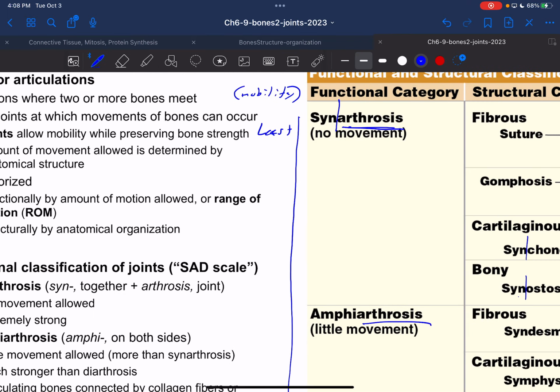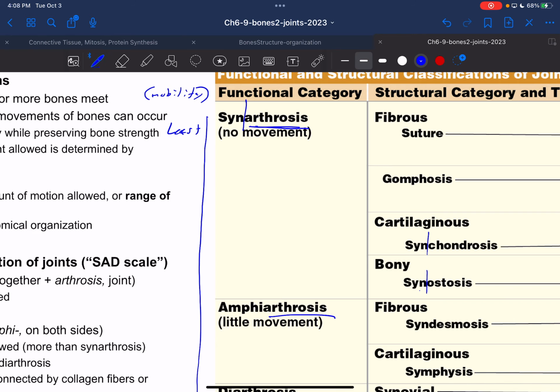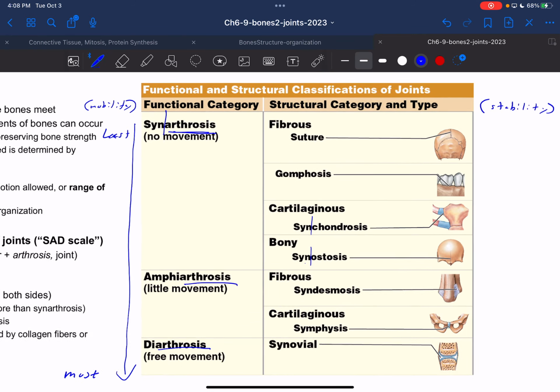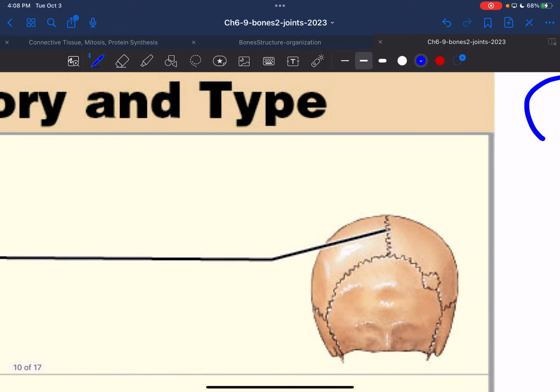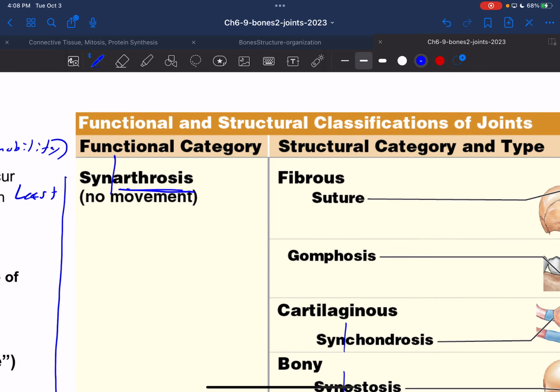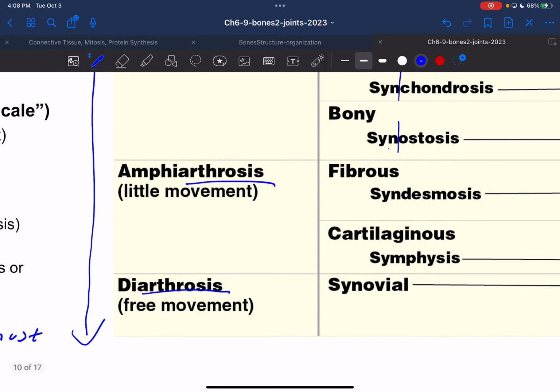So that means they move together. They're not really going to be, one bone isn't going to be doing its own thing. It's going to be moving together. Synarthrosis. There's no movement in between the joints. If you're going to move that tooth, the whole mandible has to move. If you're going to move that joint, your whole head has to move. So that just doesn't apply. Synarthrosis means that they move together no matter what.